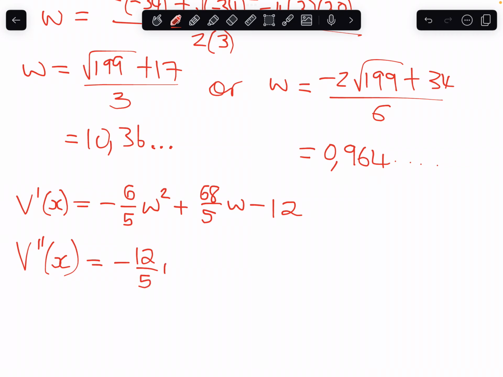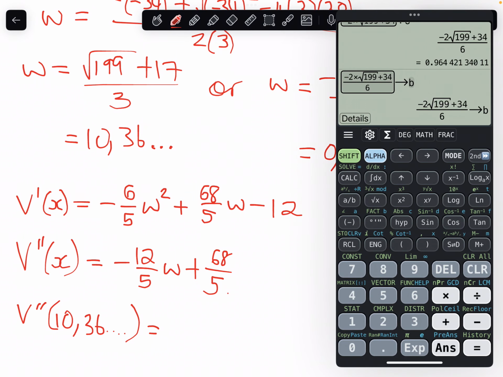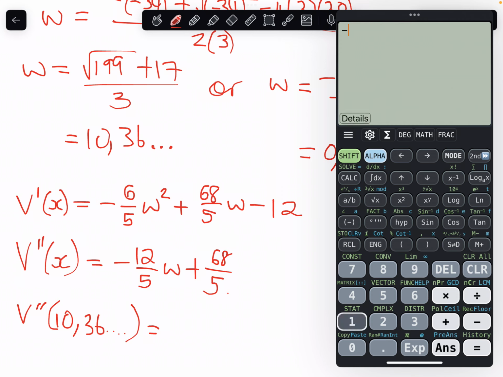Okay, so let's look at what is the value of v double prime for this first guy. So that'll be negative 12 over 5, not over 2, times that first value, I think, plus 68 over 5.